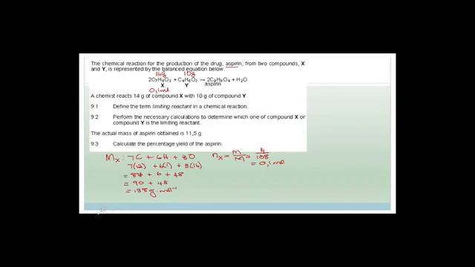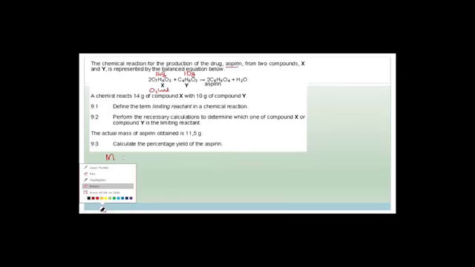Now let's do the same thing, but let's do it for Y. The number of moles given versus the number of moles in our calculation. So we're going to do Y. And Y is made up of 4 carbons plus 6 hydrogens plus 3 oxygens again.